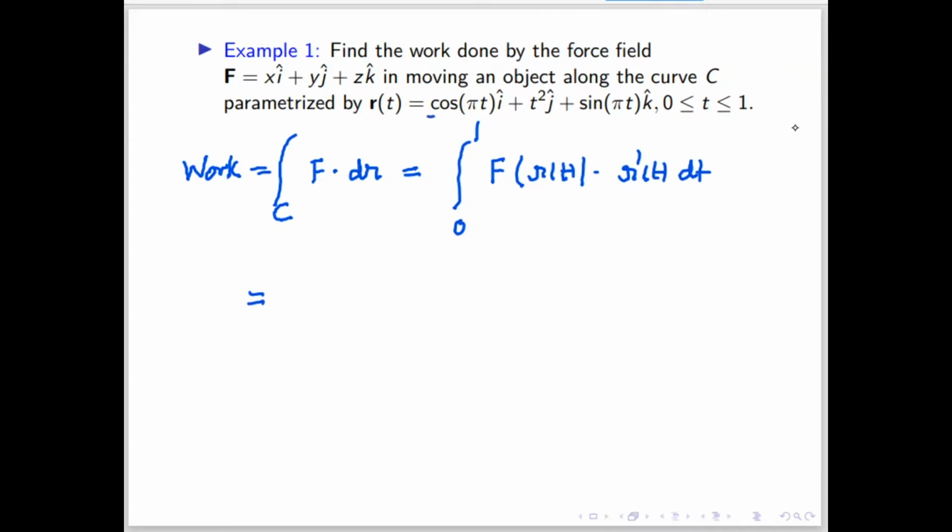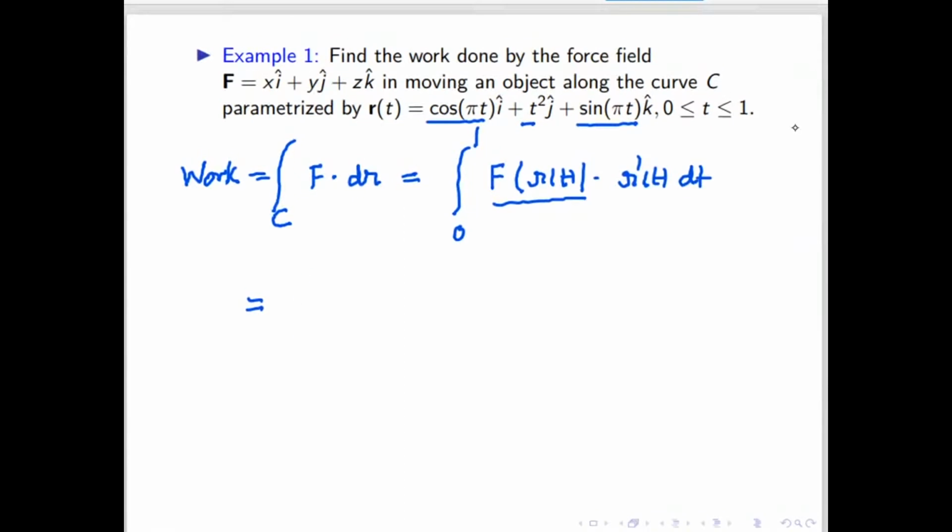So r(t) means this is x(t), this is y(t), and this is z(t). What is the value of F(r(t))? The force value at this x, y, and z. So instead of x, we'll put cos pi t. This is the parametric representation: x equal to cos pi t, y equal to t square, and z equal to sin pi t.